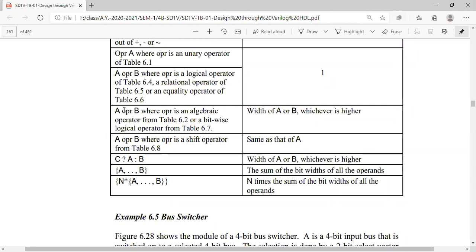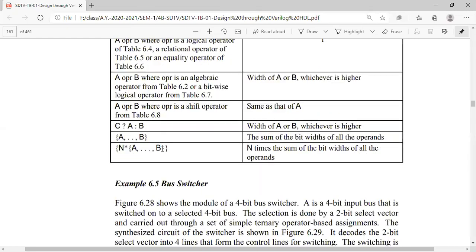Or else if A and B are of different widths, if A has the highest width, the result will have that width. If B has the highest number of bits, the result will have that many bits, right?